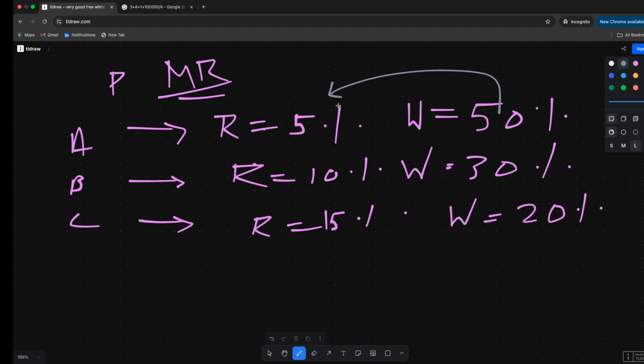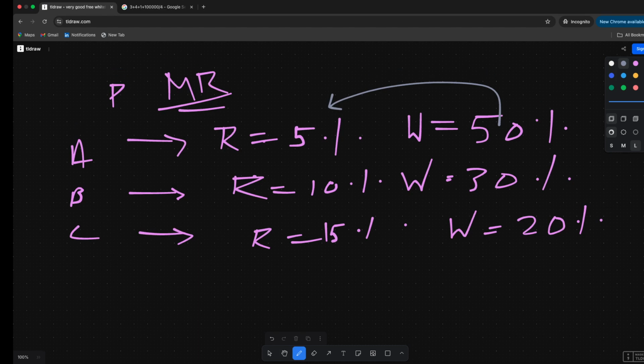Even though the return is 5%, it is contributing 50% of the portfolio weightage. So this will have an effect on the mean return, or the weighted mean return, right?